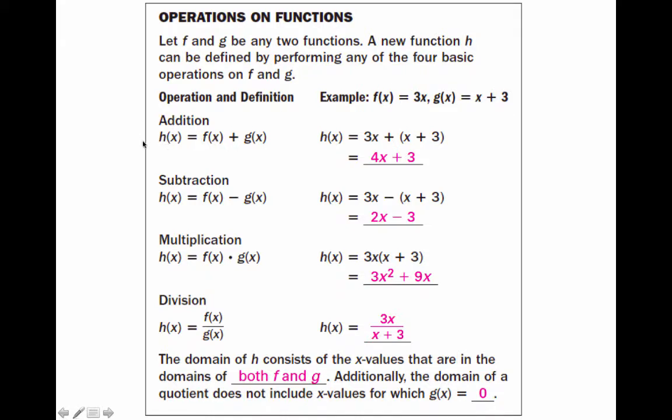So if we define h of x as the sum f of x plus g of x, we just replace f of x with 3x, because that's the function rule for f of x, and we replace g of x with x plus 3, because that is the function rule of g of x. And once we have 3x plus x plus 3, we just combine like terms. So 3x plus x is 4x, and then plus 3.